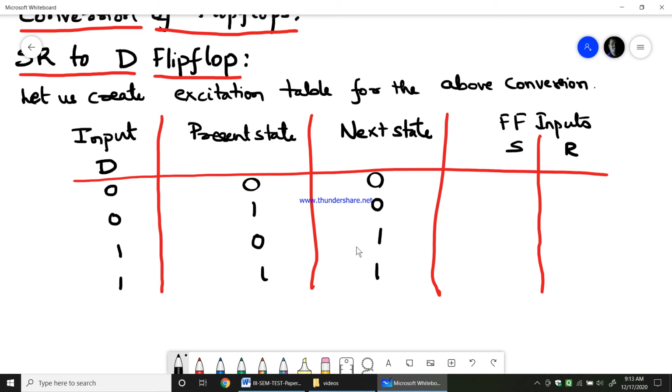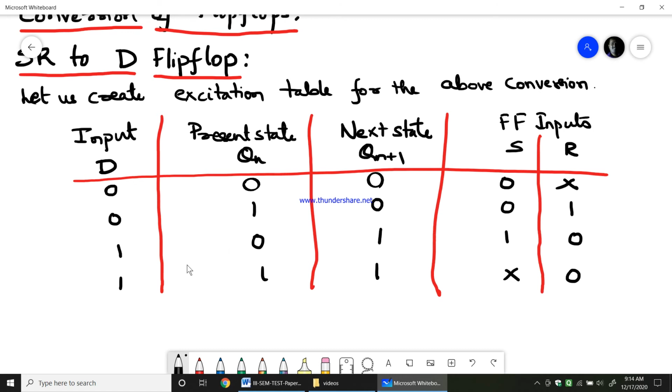Now in the SR flip-flop, if you see the excitation table which we formatted earlier, for 0 0 it is 0 x, for 1 0 it is 0 1, for 0 1 it is 1 0, whereas for 1 1 it is x 0. So this is the present state, next state, Qn plus 1 in the excitation table. You write the SR content of the excitation table. Similarly, you write for the D flip-flop.